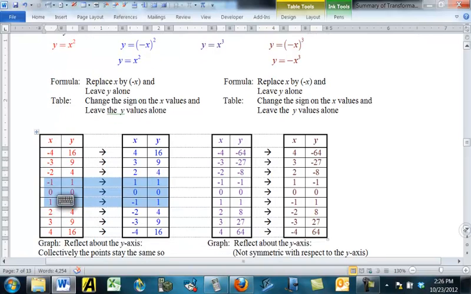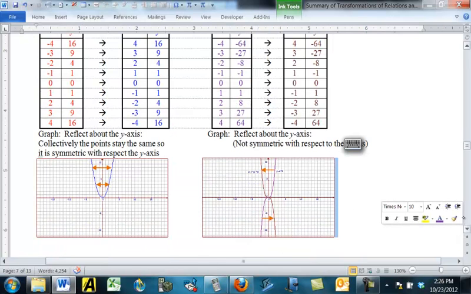So ultimately when it flips over the y-axis, the first quadrant goes to the second and the second goes back to take its place in the first. Of course, the point at the origin is fixed, and even though individually points move, collectively the points stay the same. So this graph is symmetric with respect to the y-axis. Symmetry, especially reflective and rotational symmetries, are very important for us for some reason.